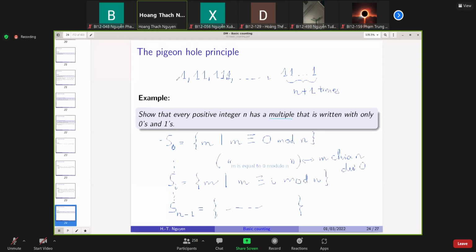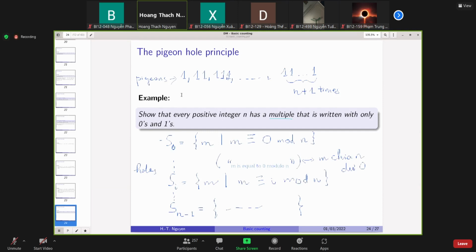So we have n plus 1 pigeons and n holes. There are more pigeons than holes, so necessarily there will be at least 2 pigeons which belong to the same hole.